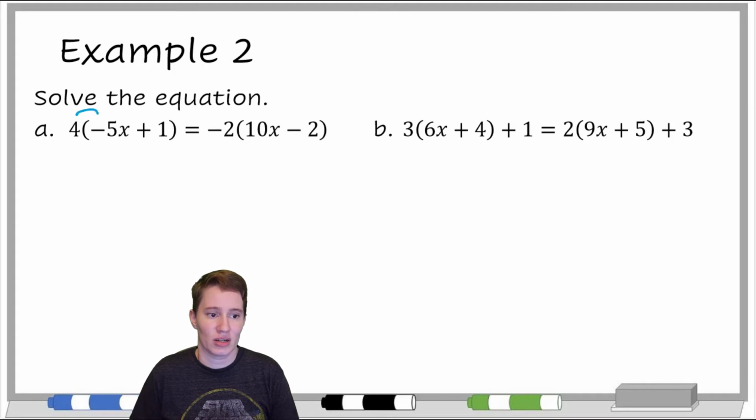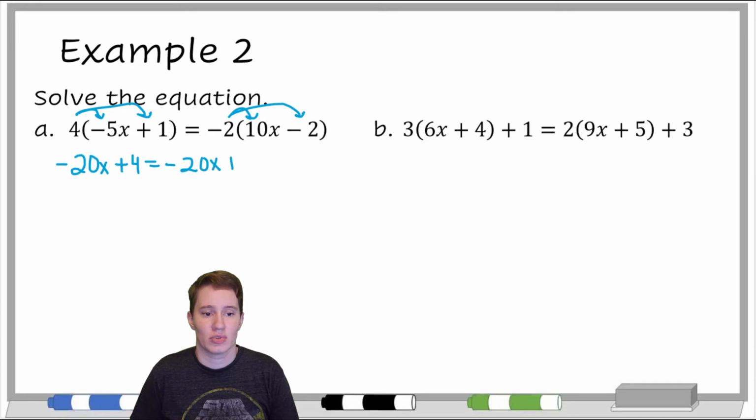So I'm going to start by distributing this 4 and get negative 20x, and then plus 4. And I'm going to distribute this negative 2, so I get negative 20x plus 4. And as I said in the last one, this is the point actually where you could stop and say what the answer is if you realize it.